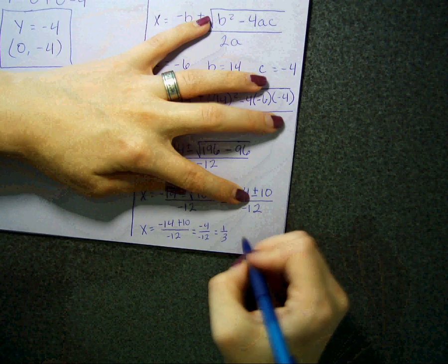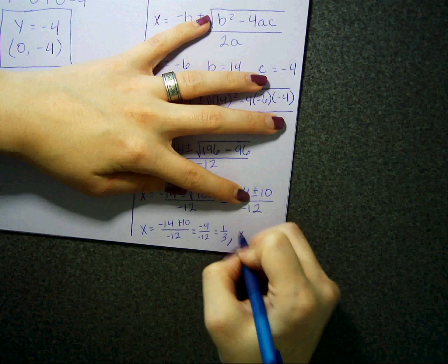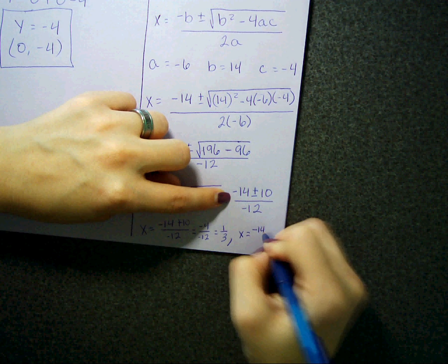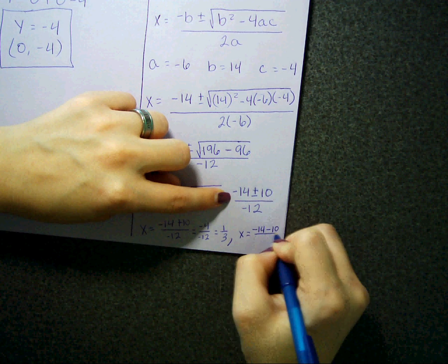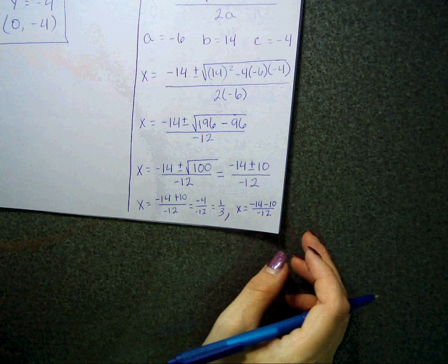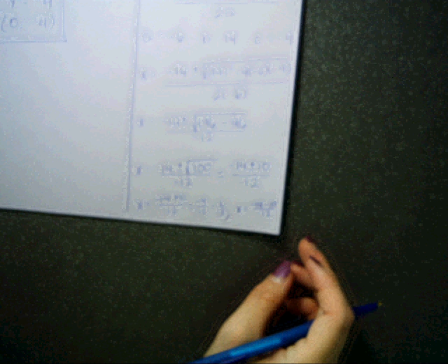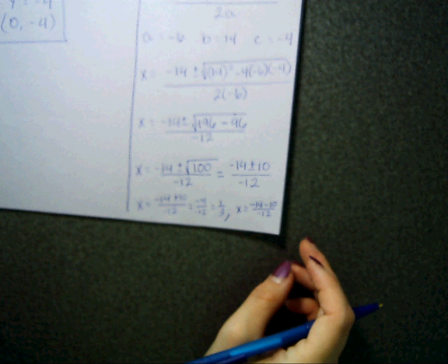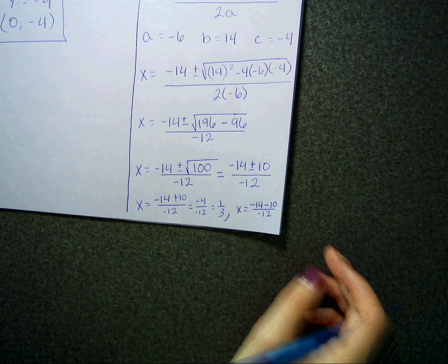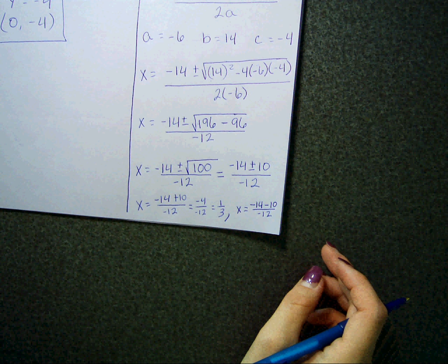The other x-intercept, I'm going to have x equals negative 14 minus 10 over negative 12. And I'm running out of room, so I'm going to squish it in here. Negative 14 minus 10 is negative 24.